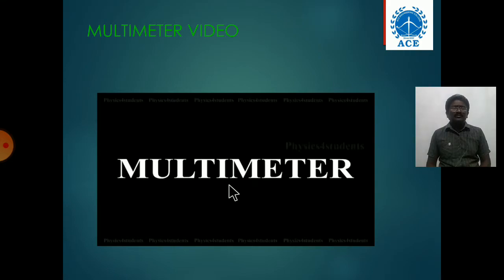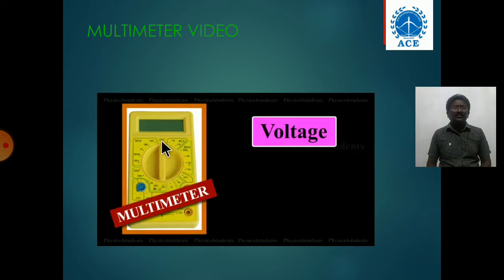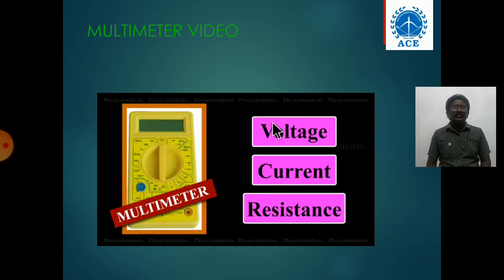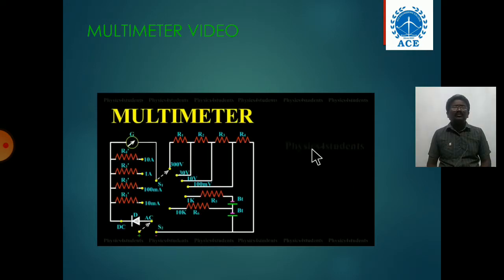Multimeter. A multimeter is an electronic instrument which is used to measure voltage, current, and resistance. With the help of a multimeter, you can measure voltage, current, and resistance. This is called an AVO meter, that is ampere voltage ohm meter. The internal circuit of the multimeter is shown in the animation. It consists of a moving coil galvanometer.